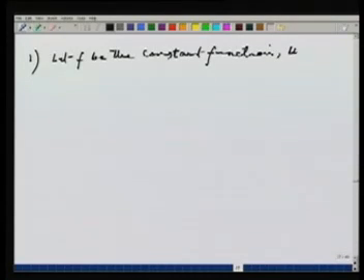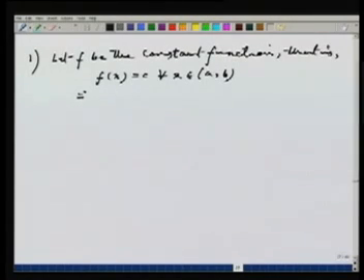That is, f(x) equals c for all x in, let us say, open interval (a, b). This would certainly imply that f'(x) is equal to 0 for all x in the open interval (a, b). This we have observed from the definition of the derivative.